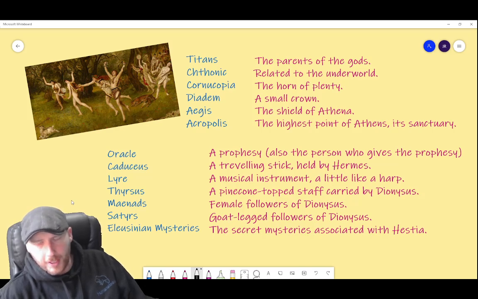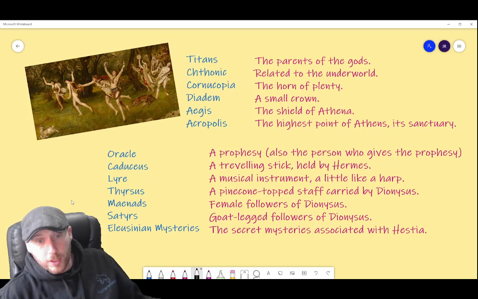I don't know. Different pronunciations. But these are creatures that are part goat, part man, and they roam around. They often have little horns, little beards, goat legs, and they hang out with the Maenads, and dance around, get drunk, general raucous behaviour, all that kind of stuff.